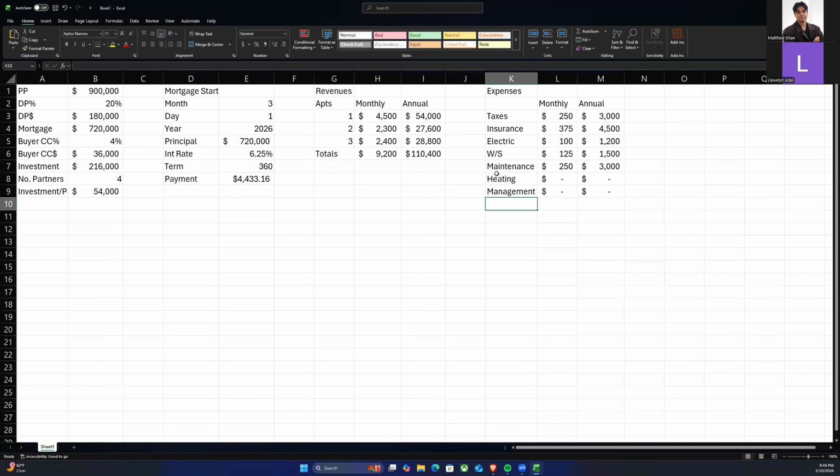There is a management cost, but what we do is we take something called distribution, and it's not really an expense. It's money for the guy who decides to manage. So if you manage, it's an expense to everyone but yourself, you see, because you're getting money, but your partners are not. So that's why we're keeping the management at zero at the moment.